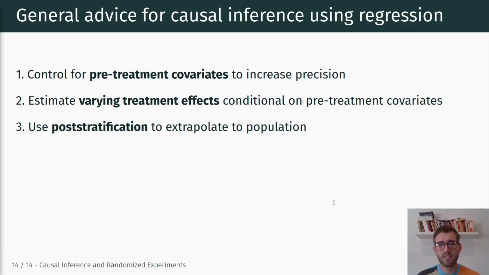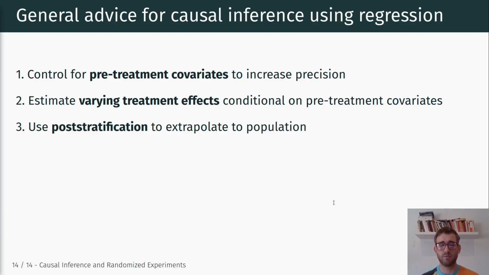If we're interested in not only our sample average treatment effect, but in extrapolating that to a known population, we can use the same techniques of post-stratification to provide estimates for our population average treatment effects.